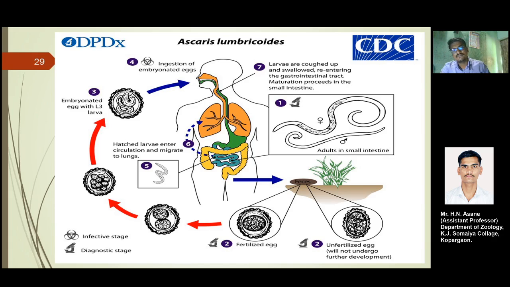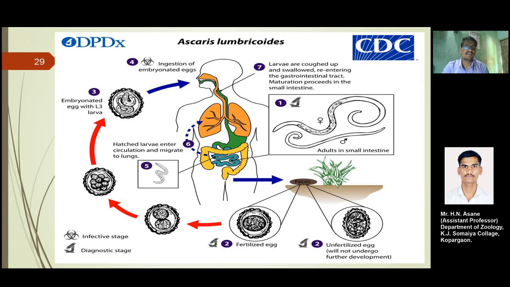After the fertilized egg is passed into the soil by means of the feces, that fertilized egg undergoes further development, and it reaches the third part, the embryonated egg with the third instar larva.